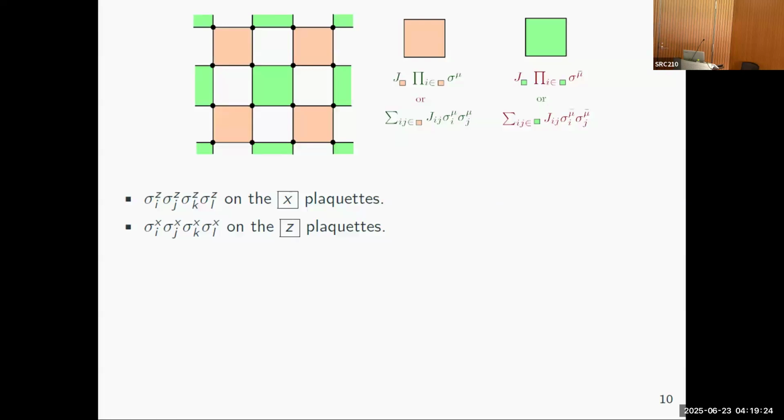And this works as follows. Let's say these are the x plaquettes, so the couplings are in the sigma x direction. Then the product of sigma z's on that plaquette is conserved. That's the local Z2 Ising parity on that plaquette. And by a very similar token, on the other set of plaquettes, the product of sigma x's is conserved.